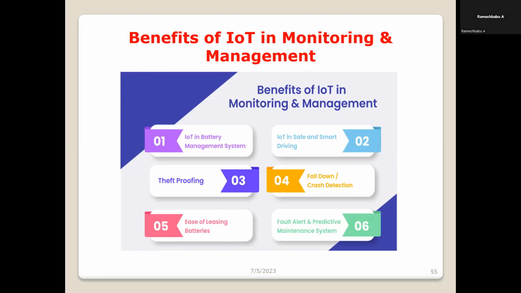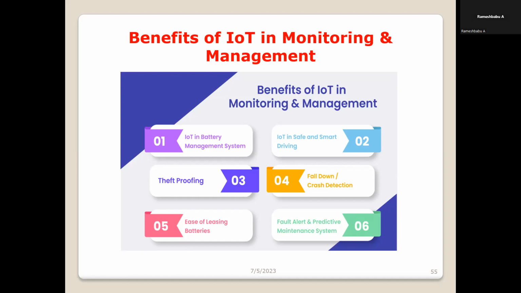And the fault alert and predictive maintenance. In high-tech machines, we can experience technical faults, and IoT fault alert systems alert vehicle drivers regarding the faults and give them enough time to address them. By using IoT, the charge cycle of the vehicle, kilometers traveled, and battery temperature, we can use this data for regular maintenance: the tires, lubrication cycle, battery life.